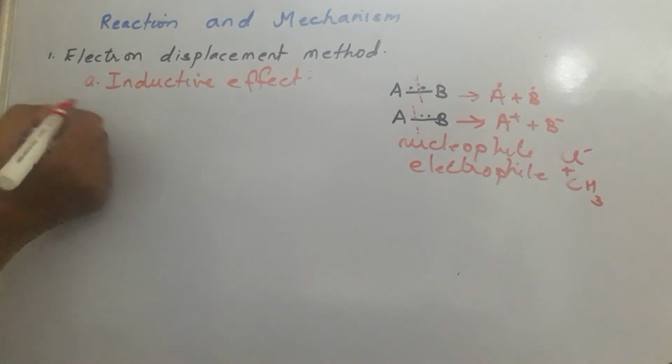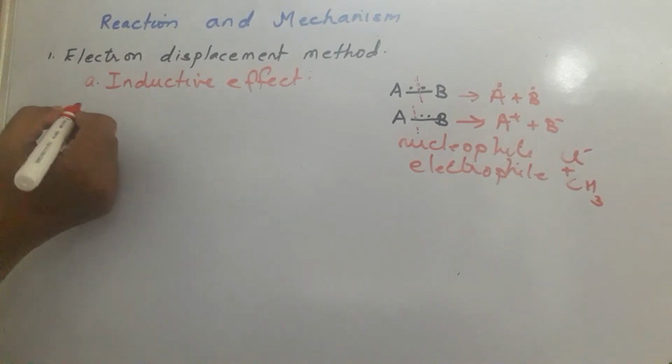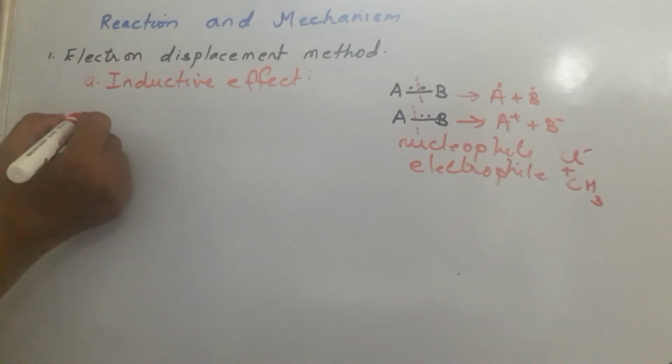Inductive effect is a permanent displacement of sigma electrons along a saturated carbon chain due to the presence of an electron withdrawing group or electron repelling group attached to the end of the carbon chain, resulting in partial positive or negative charge.